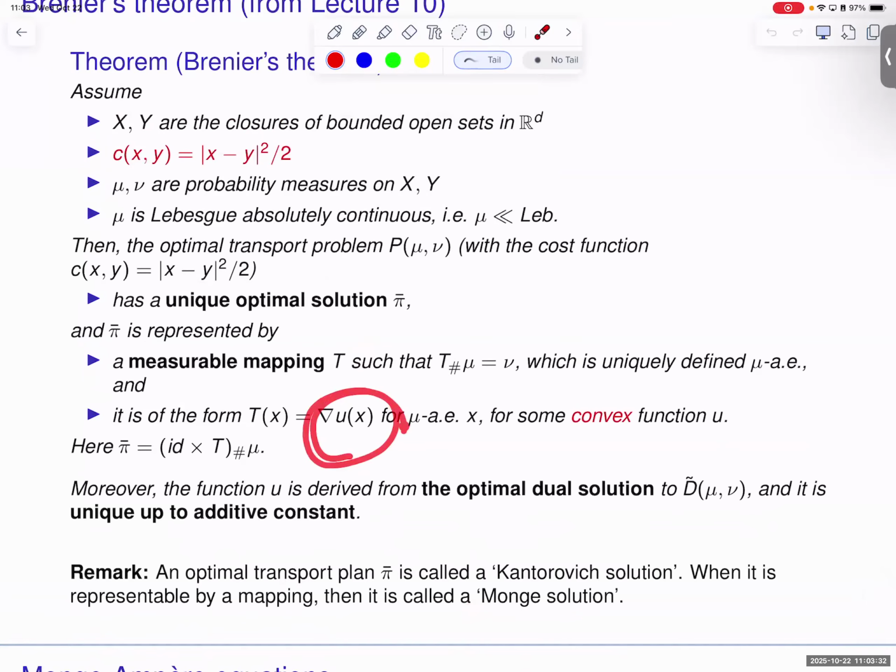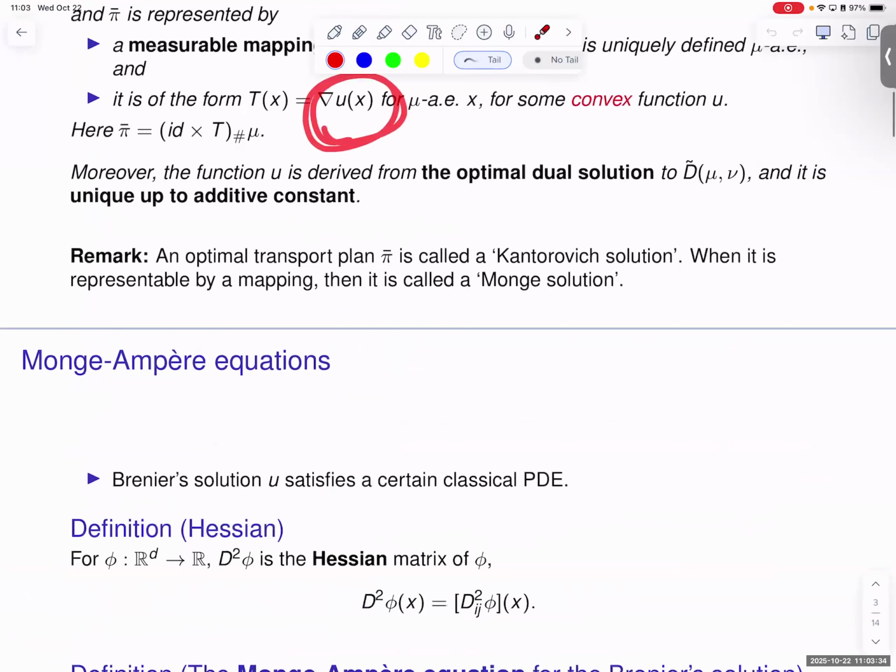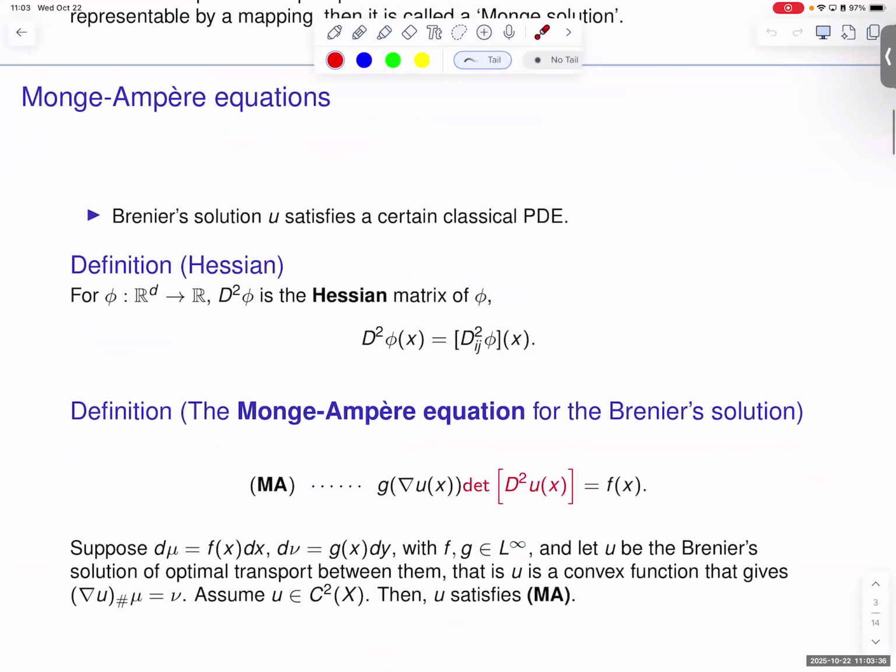Now from this, we can derive the so-called Monge equation. Let's start with defining the Hessian. Given a function, let's say it's twice differentiable, the Hessian of the function is a symmetric matrix.